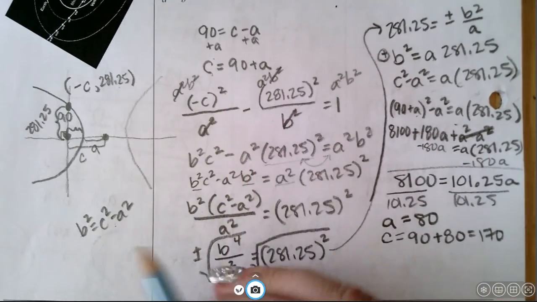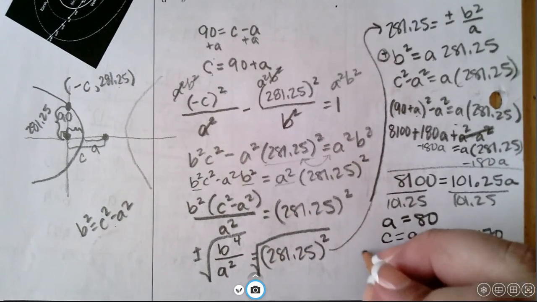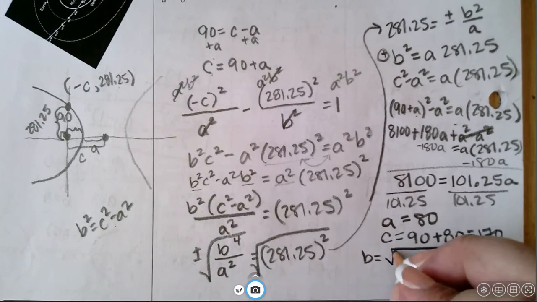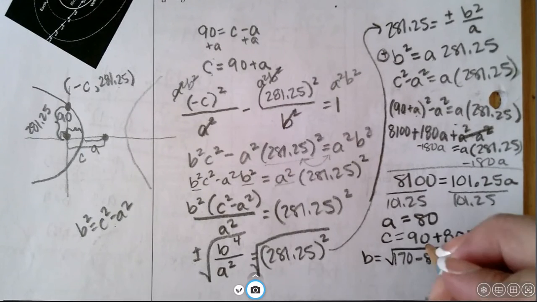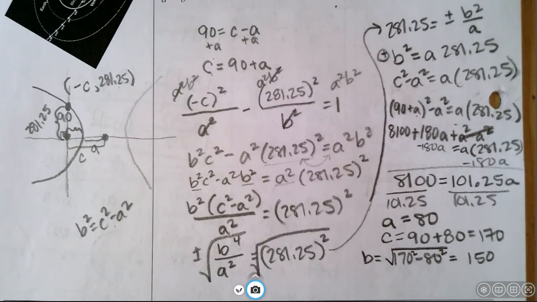Then we can use this same formula that we've used a couple times now to find that b equals the square root of 170 squared minus 80 squared, which gives us in the calculator 150. So we've got a, b, and c.